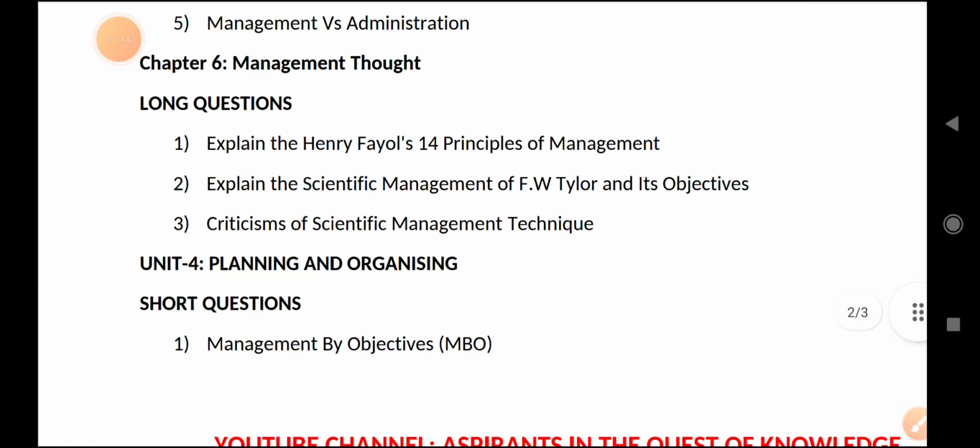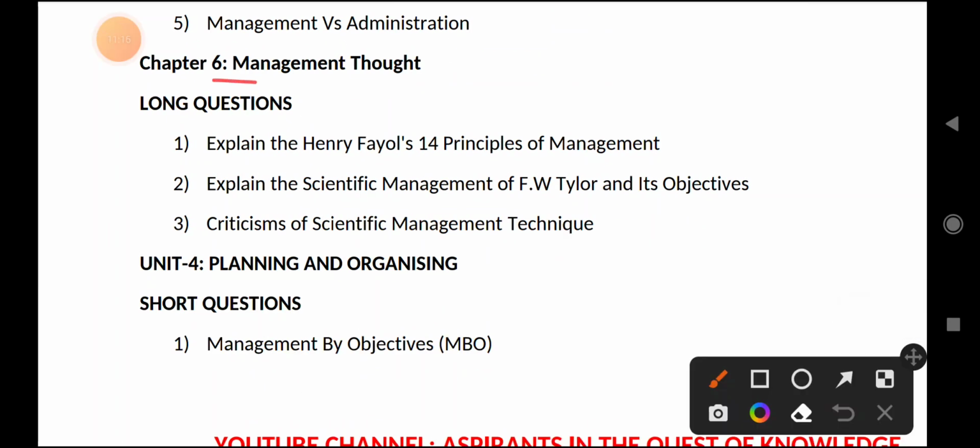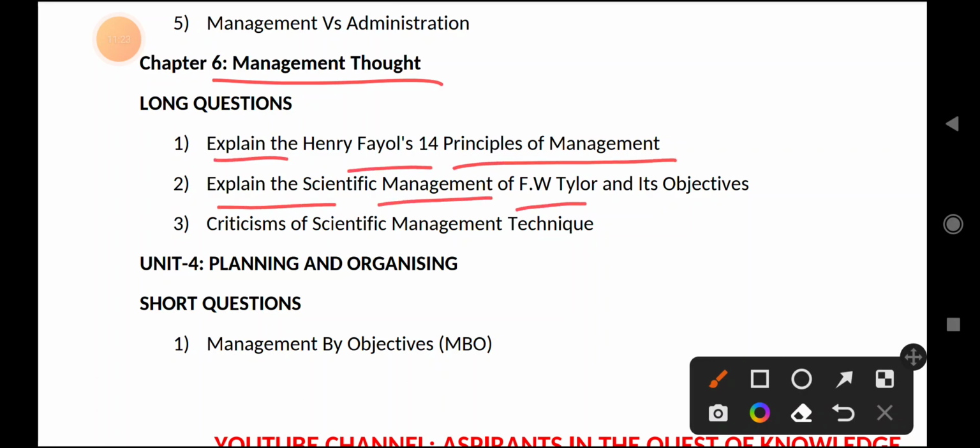So then comes the management thought. Henry Fayol 14 principles of management. Explain the scientific management given by F.W. Taylor and its objectives. How scientific management has been criticized. This also will be asked under management thought.